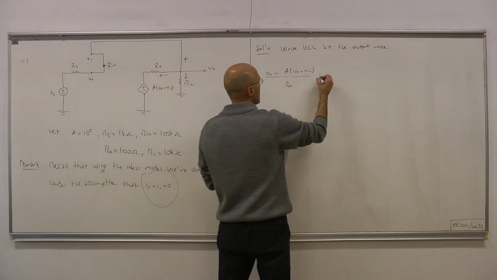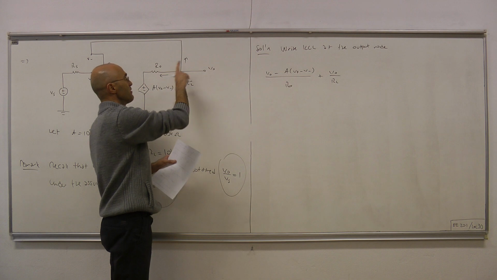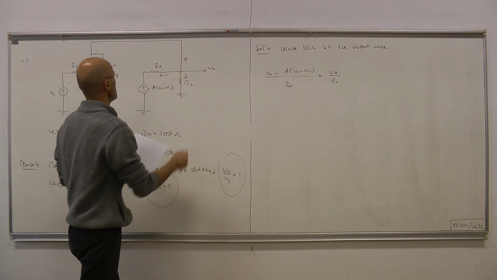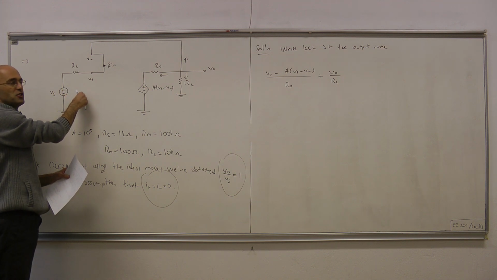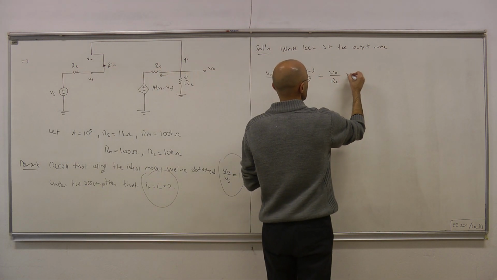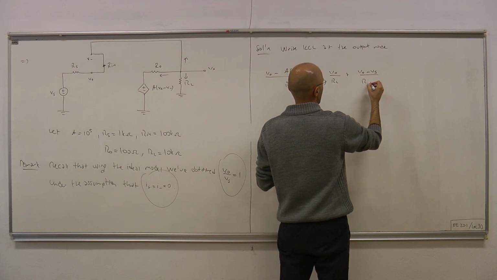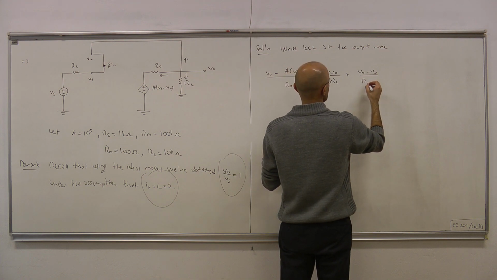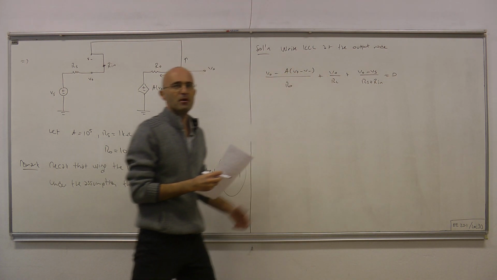Plus V out over RL, this current, and finally we have that current, which is V out minus Vs divided by the resistance in between, which is Rs plus Rin. So V out minus Vs over Rs plus Rin, and by KCL, the sum must equal 0.